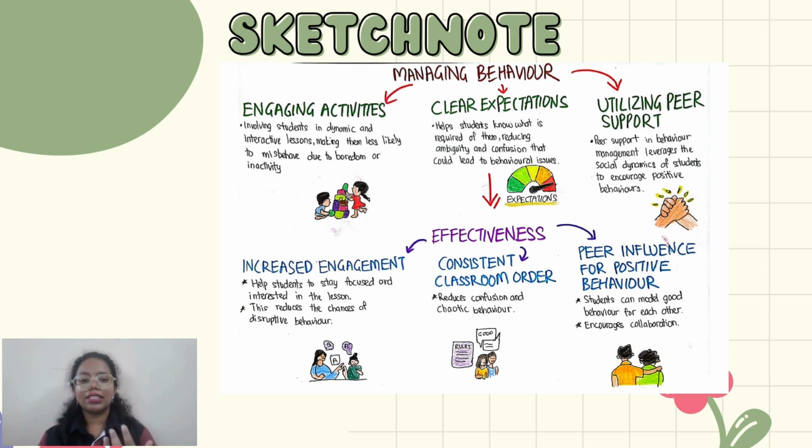Next, utilizing peer support. Students often learn better from each other, especially when it comes to social behaviors. Peer support can encourage students to model good behavior and help one another to stay on task. For example, in the classroom, Ms. Lana frequently organizes students into pairs or groups to complete tasks together.